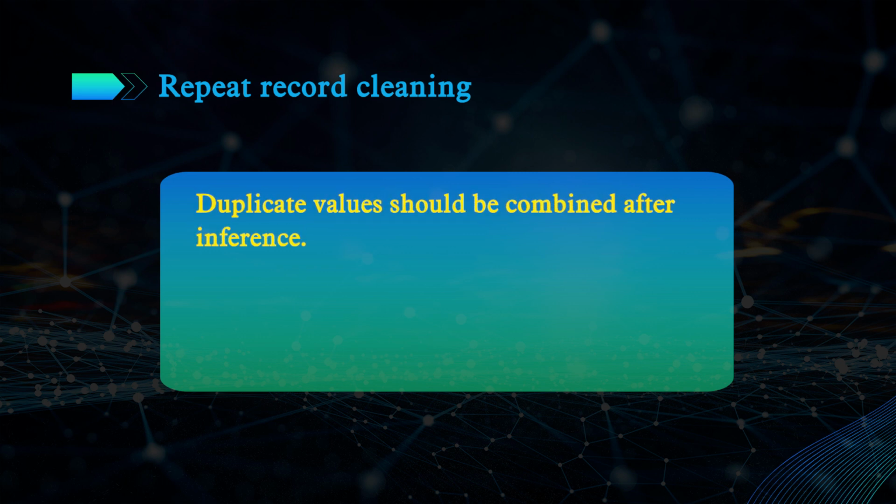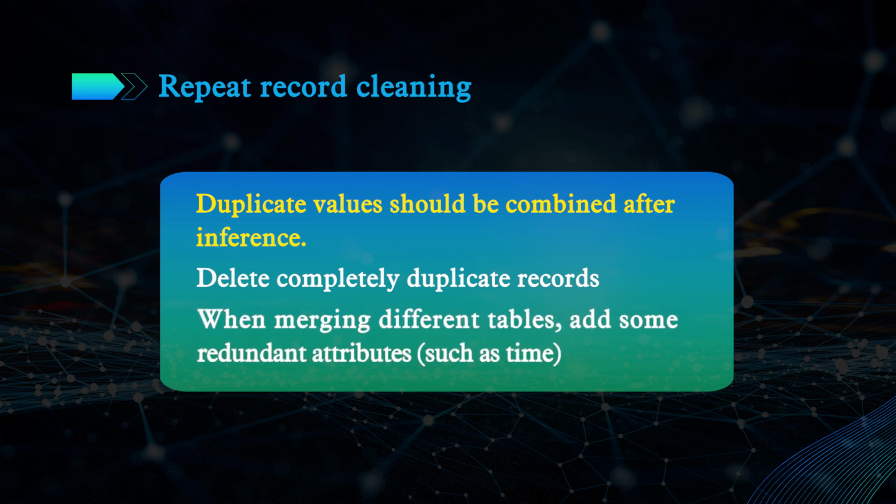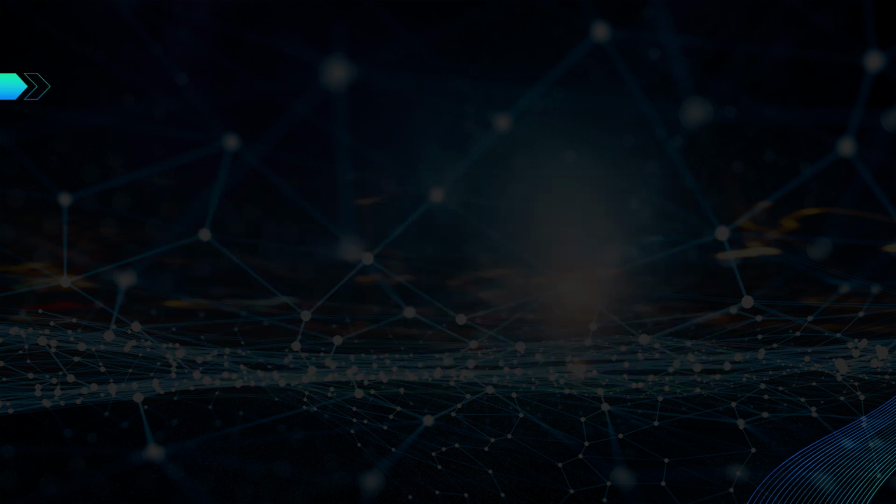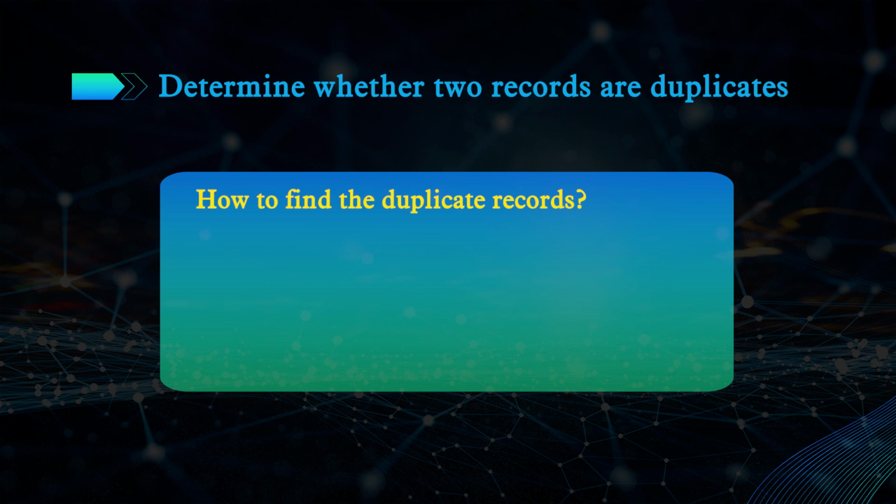So duplicate values should be combined after inference. First, we can delete completely duplicate records. Or when merging different tables, some extra attributes, such as time, need to be added. How to find the duplicate records?